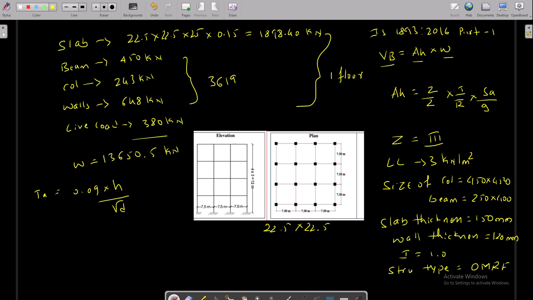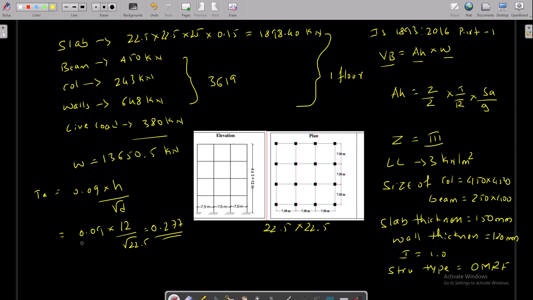So this is what we have for RC structural frames or all other types of structure. Here h is the height of the structure, which is 12 meter, and d is the least lateral dimension. Both lateral dimensions are 22.5, so it is 22.5. It comes out to be 0.277.